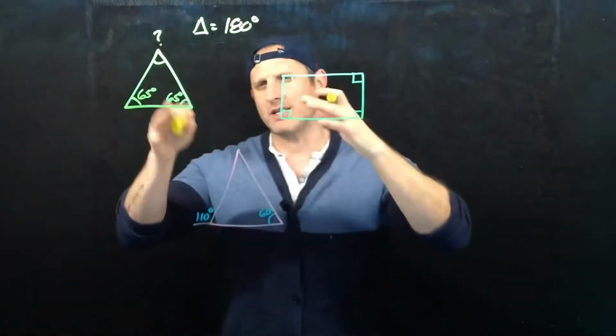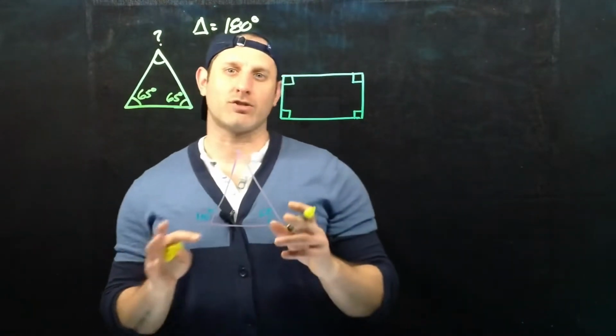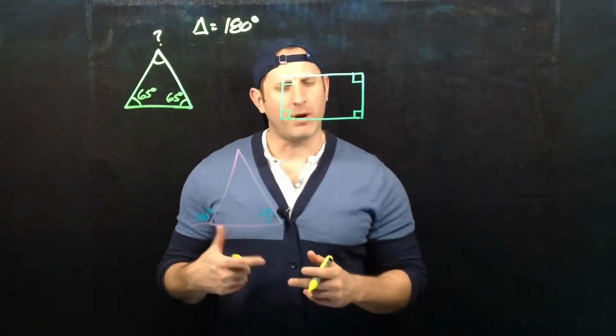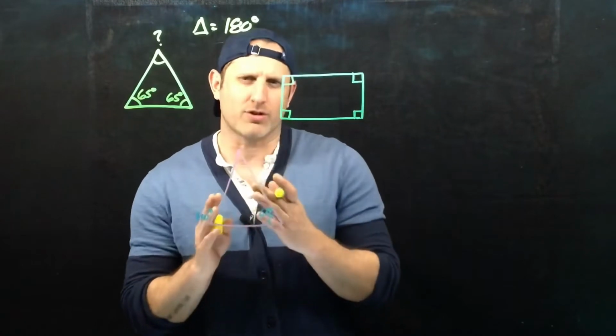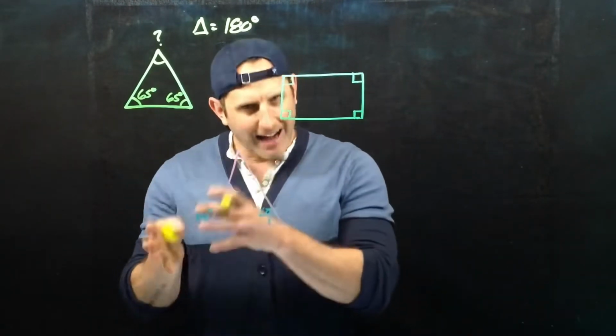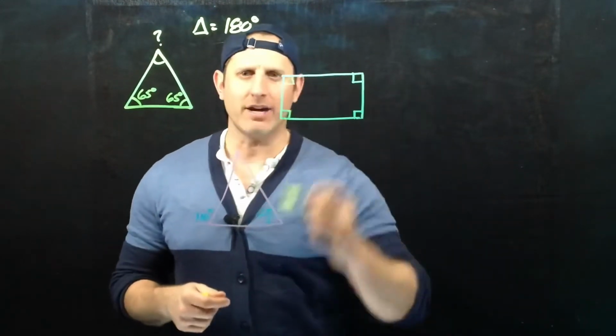Now, I want to talk to you a little bit about why that is first, and I need to take you all the way back to circles. In previous lessons, we talked about the area of a circle and how if you cut a circle up into infinitesimally small pieces, you can turn it into a rectangle like we have here.